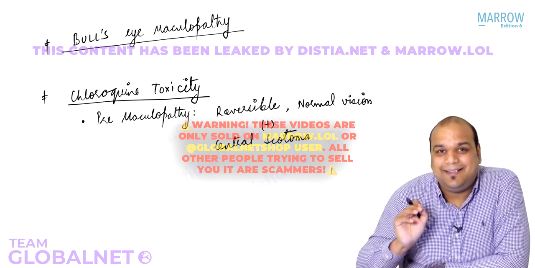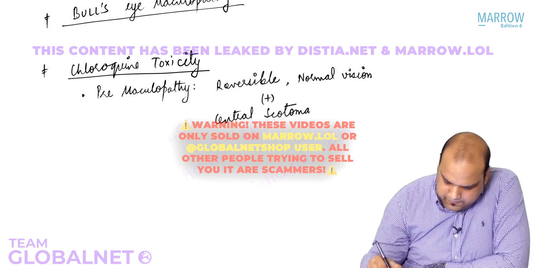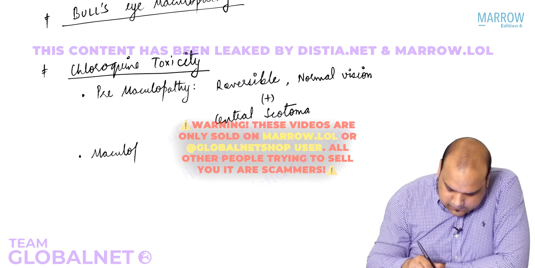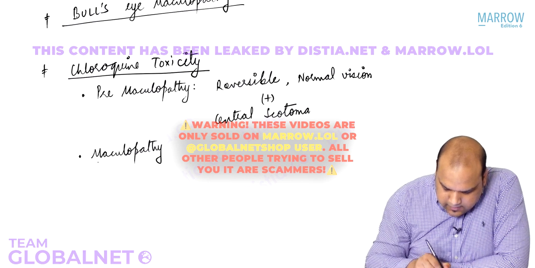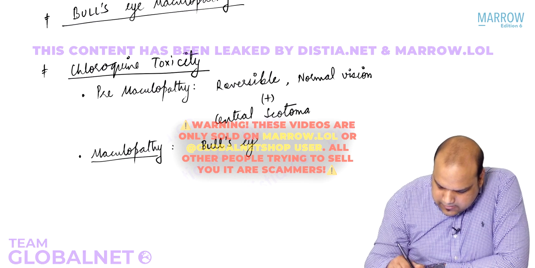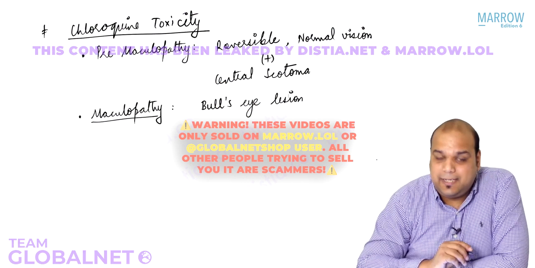Central scotoma has started to occur, but the macula does not develop any changes as yet. Okay? Now, secondly, everybody, comes maculopathy. In the second stage, we will see the bullseye lesion.